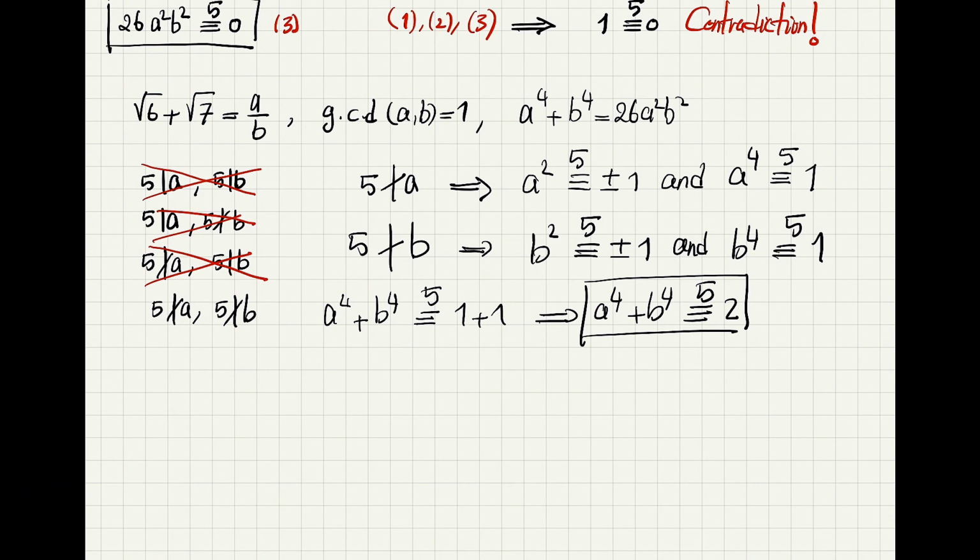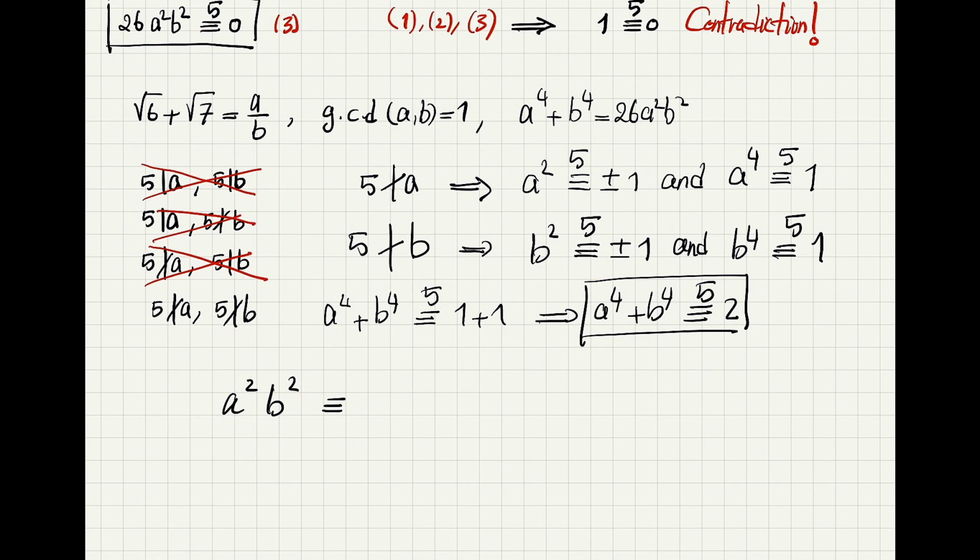So when A squared is congruent to plus or minus 1, let me not write a lot. Here, what I want to do is to multiply both sides of these congruency relations. Then what I get is that A squared B squared is congruent to: plus 1 multiplied by plus 1 is plus 1, plus times minus 1 is minus 1, plus times 1, they are minus 1, minus 1 times minus 1.